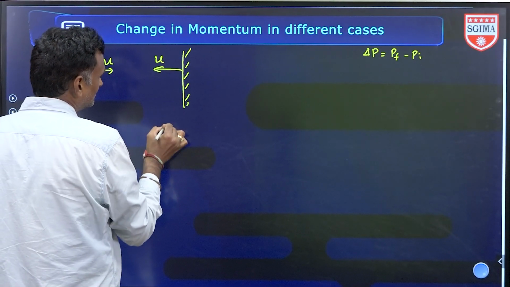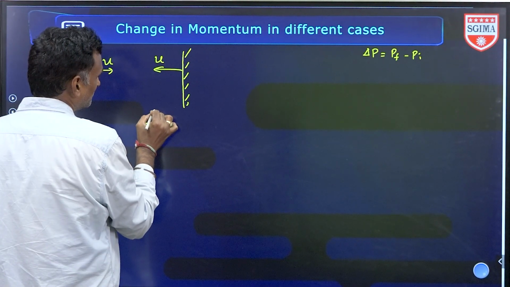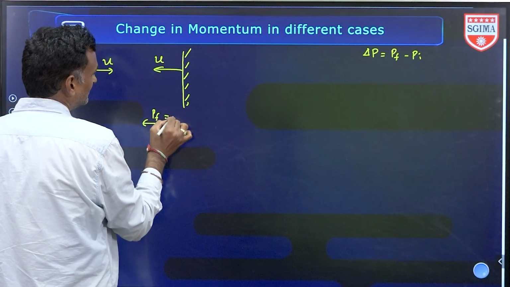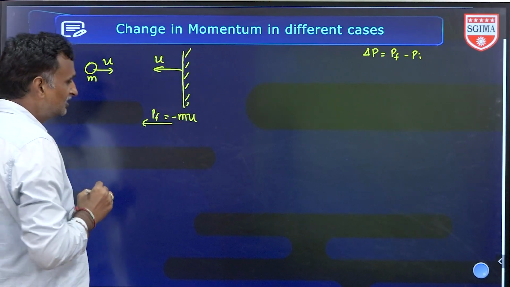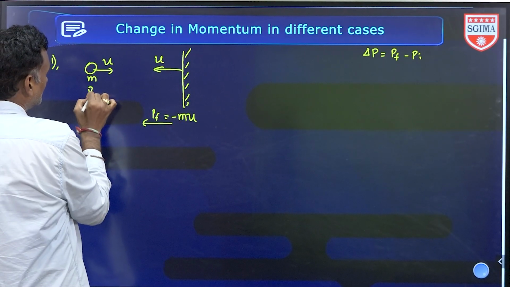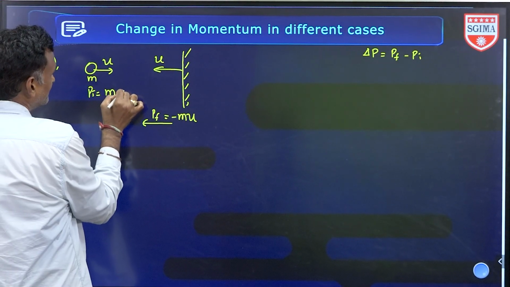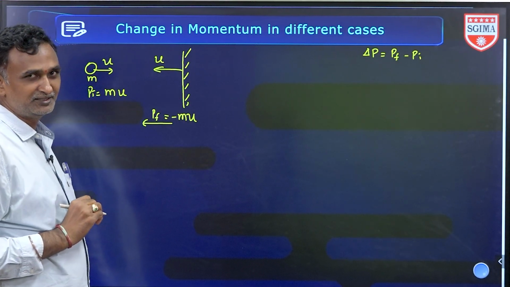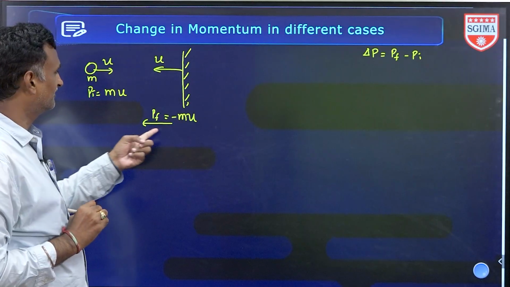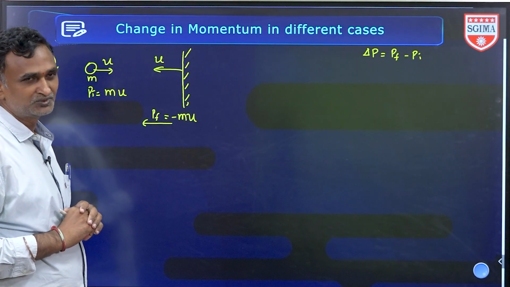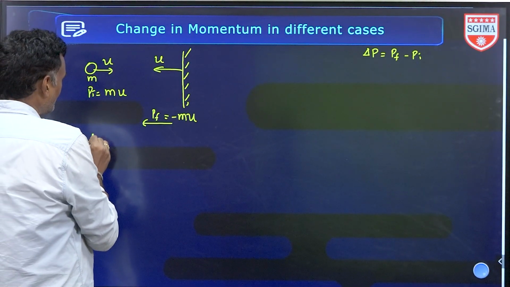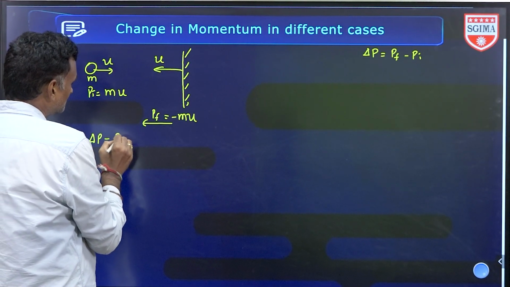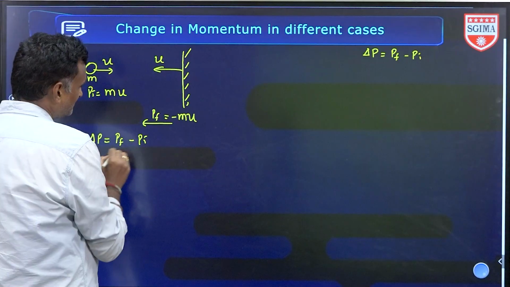First of all, the left side is the final momentum. So here I am taking minus mu, and the initial momentum is plus mu. The right side I took positive, the left side I took negative. Then according to the change in momentum formula, delta p equals p final minus p initial.